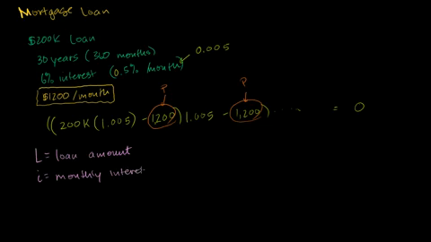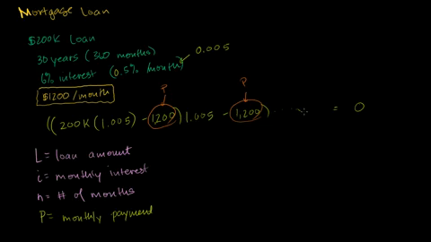Let's say N is equal to the number of months that we're dealing with. And then we're going to set P equal to your monthly payment, some of which is interest, some of which is principal. But it's the same amount you're going to pay every month to pay down that loan plus interest.